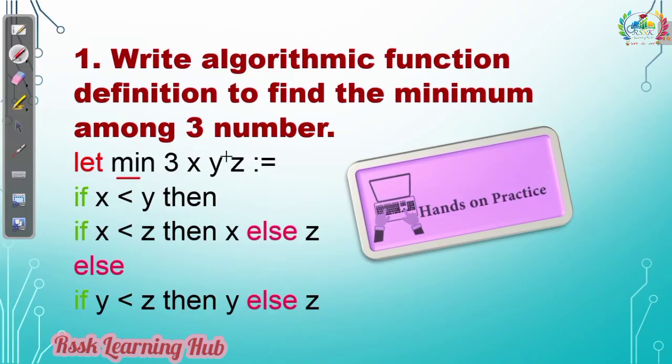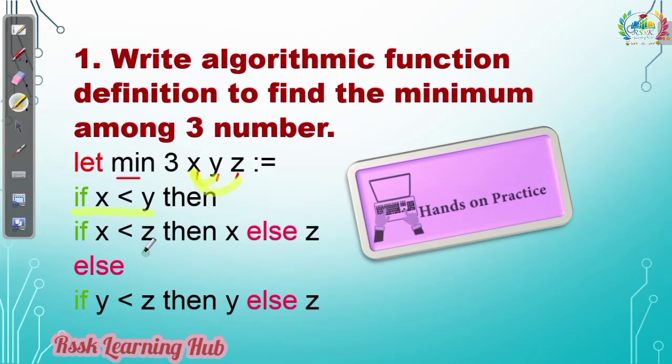How many variables are you going to pass? 3 variables. So x, y and z are assigned for the condition checking part. In this you are going to check a condition: if x is less than y, then, as you have 3 numbers, the first number is less than the second, so you will go on to check if the first number is less than the third, then you will print x as the lesser number.